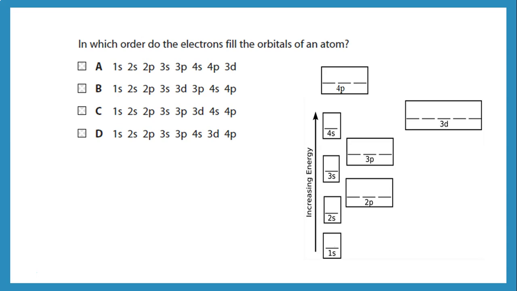So the 4s is filled before the 3d, and then we can go up to the 4p. So this is my correct arrangement: 1s, 2s, 2p, 3s, 3p, 4s, 3d, and then 4p.